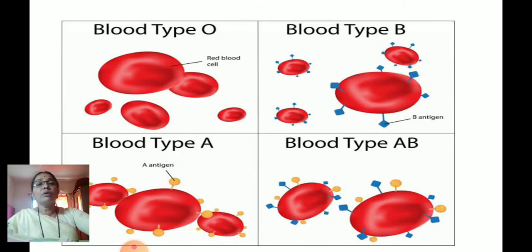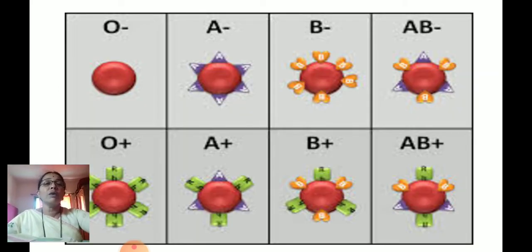To know the blood group, we have four types of blood groups among human beings: blood group O, blood group A, B and AB. This depends on the antigens present on the blood cells.